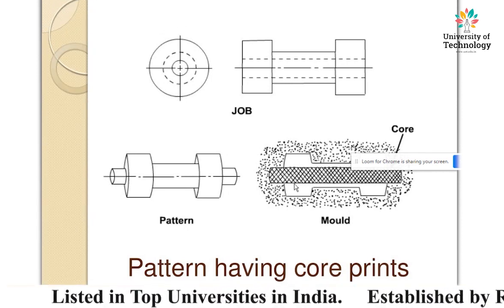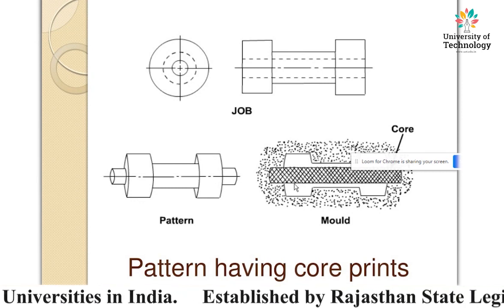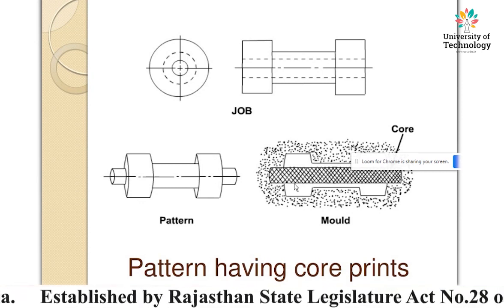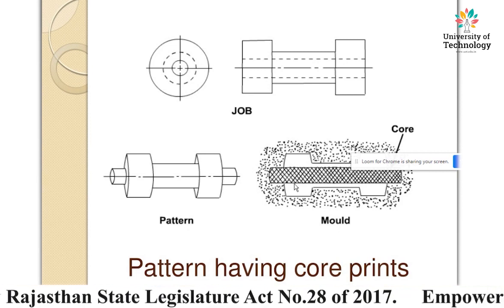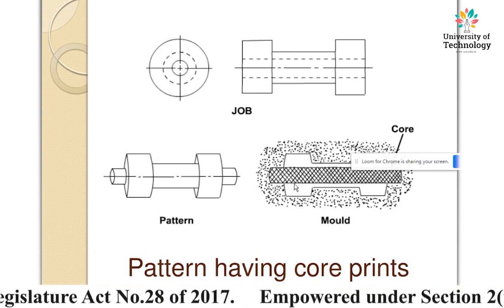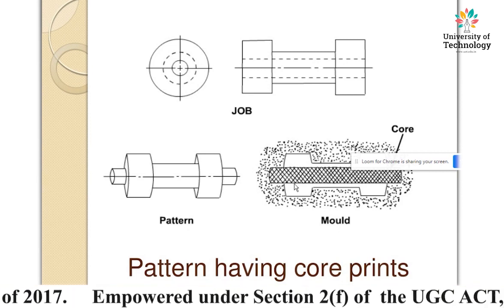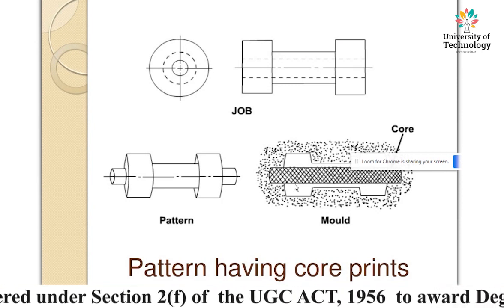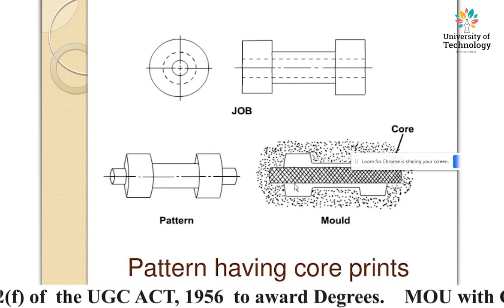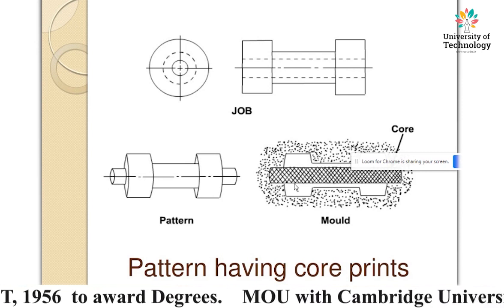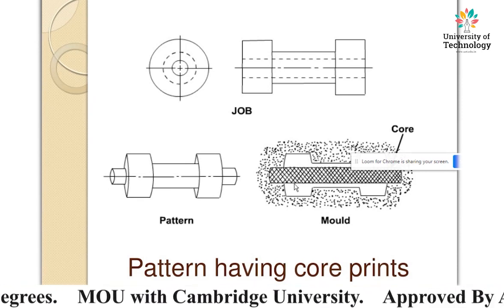The molten metal fills the cavity, then solidifies, and finally we get the cast product.